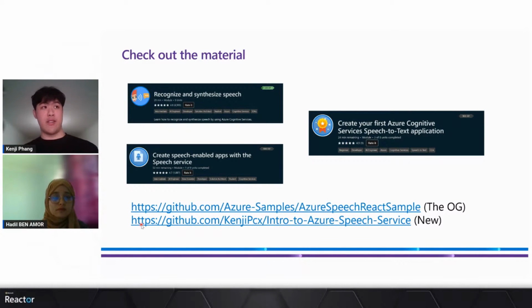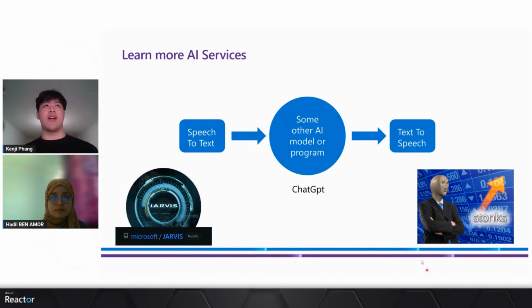So here's the link to the repo as well. Just search for my username and intro to Azure Speech Service. You can basically use that as a starting template if you want to start building your own AI-powered applications. And other than that, I guess the next best thing to do is to learn more AI services.